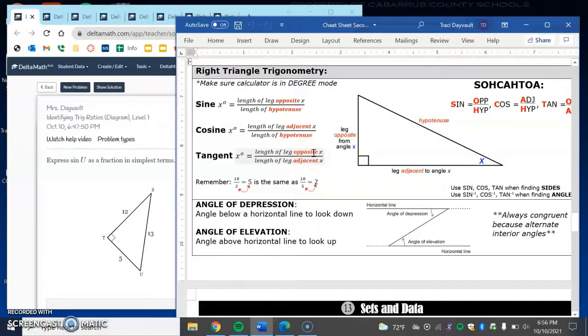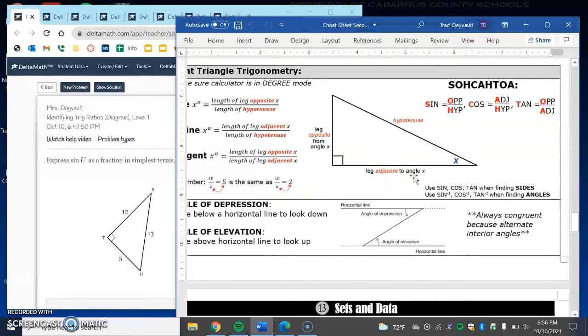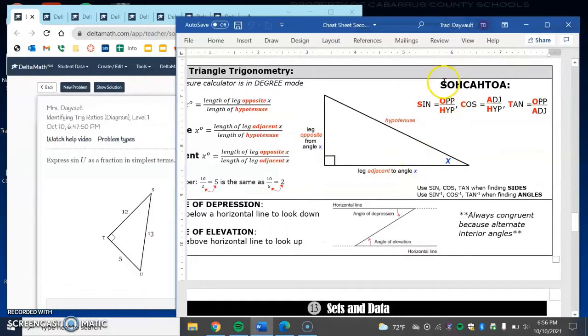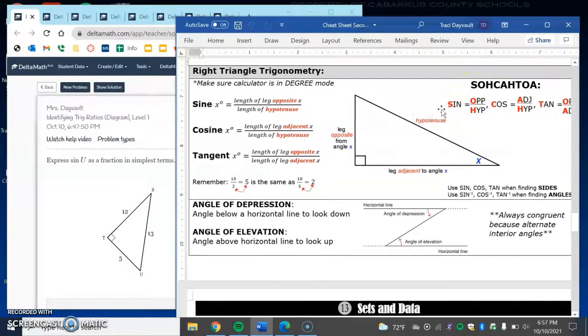And tangent is the opposite leg divided by the adjacent leg. The way you can remember this is SOHCAHTOA. The sine ratio is opposite over hypotenuse, cosine is adjacent over hypotenuse, and tangent is opposite over adjacent. So this SOHCAHTOA is what you need to remember these ratios.